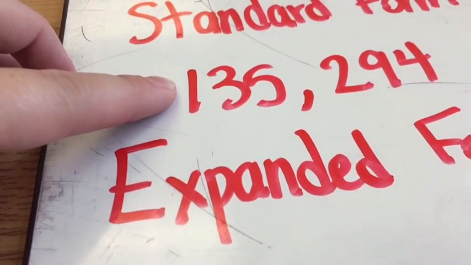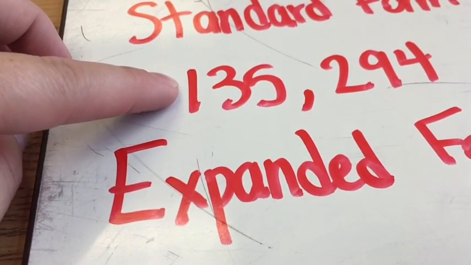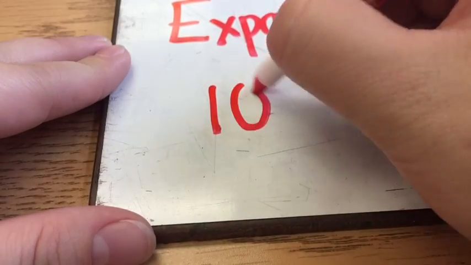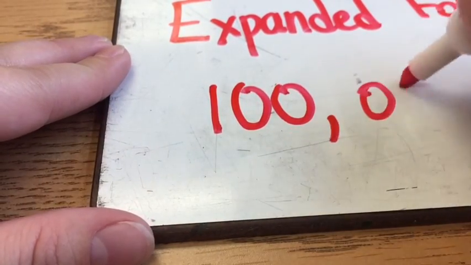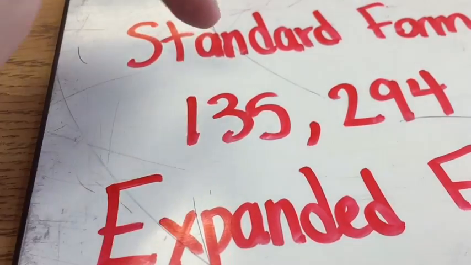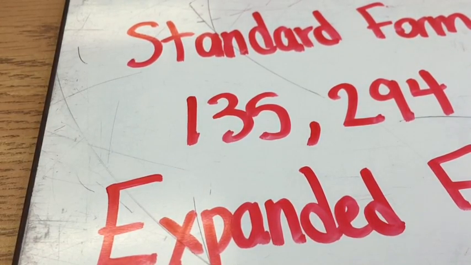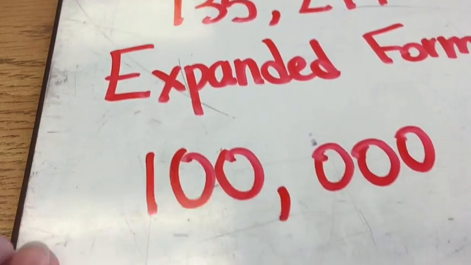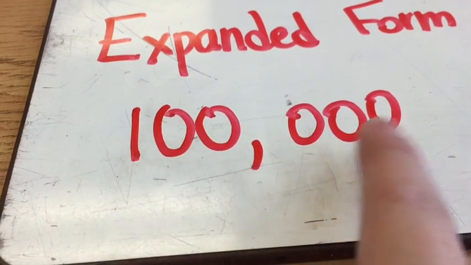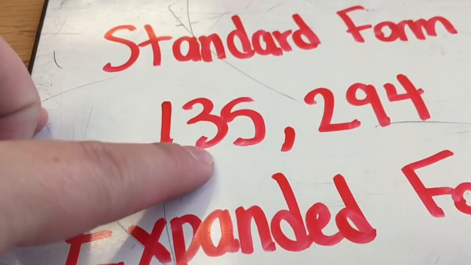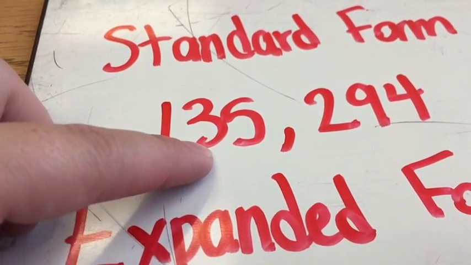So we start with the first number, which is 1, which we know is in the hundreds of thousands column. So we want to make sure that we put in enough zeros. So here we can go and we see 1, 2, 3, 4, 5 numbers. We are not looking at the first one, so we're going to put 5 zeros in its place. Then we move on to the next number, which is 3 in the 10,000s column.